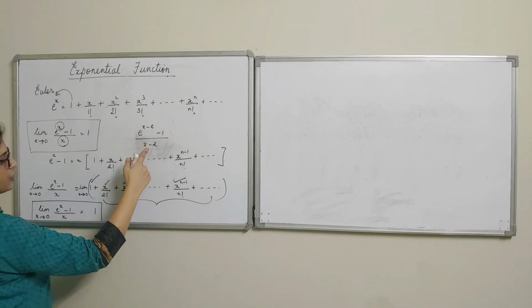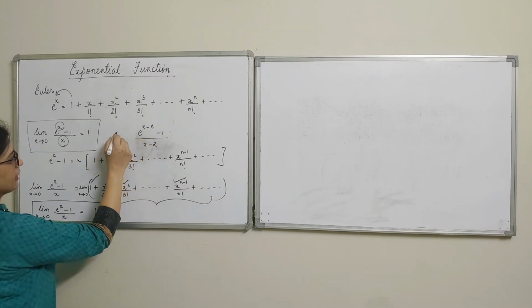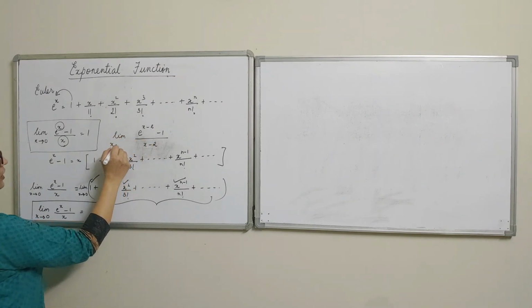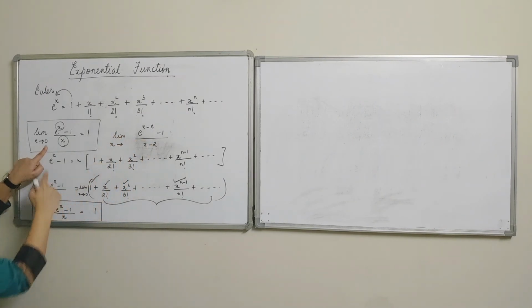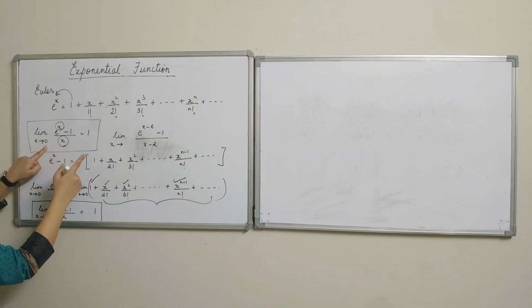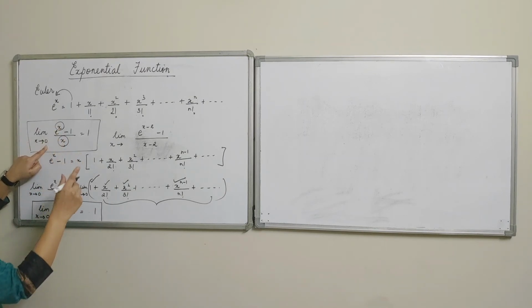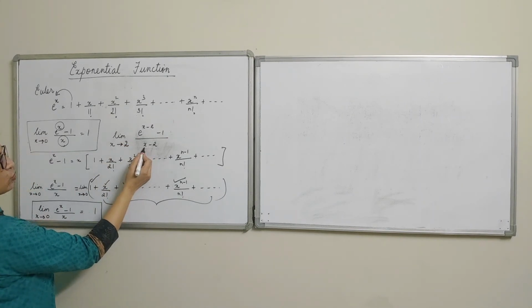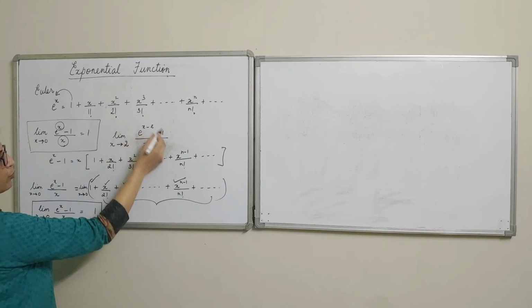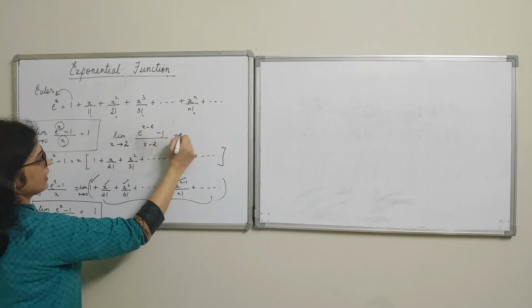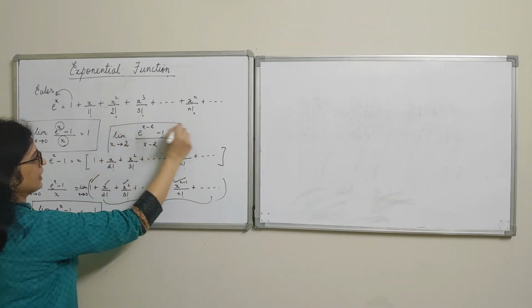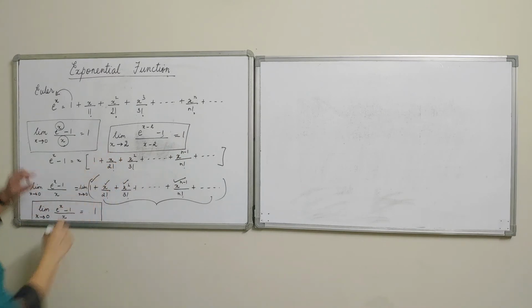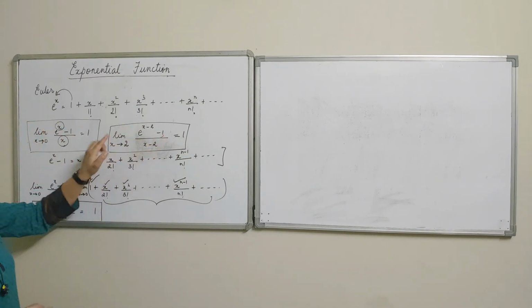The power and the denominator are the same, and the limiting point is not 0. Limiting point is that point where the numerator and denominator acquire the 0 form. So when is this possible? When x is 2. So x is 2, denominator is 0. x is 2, numerator also becomes 0. In that case, the standard result says the limit of this function is 1. So if you remember the basic standard result, we can easily obtain other important results.